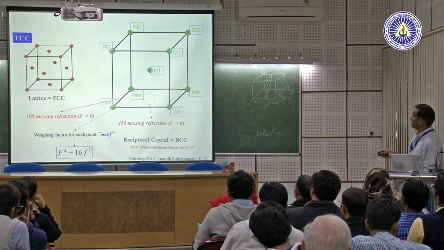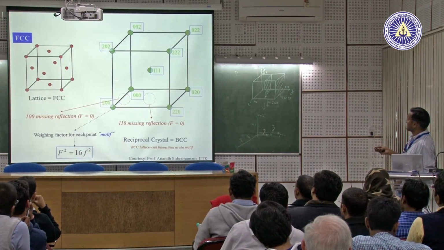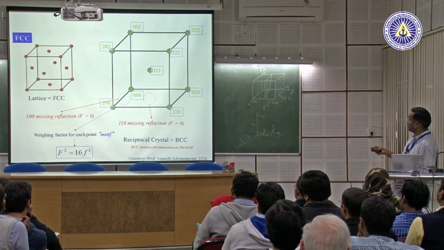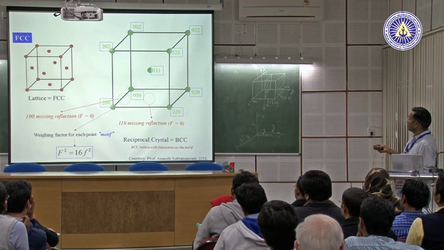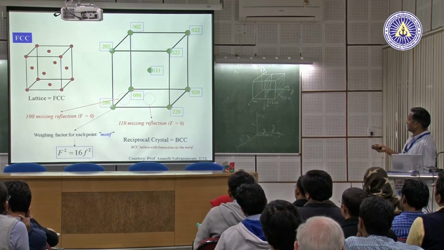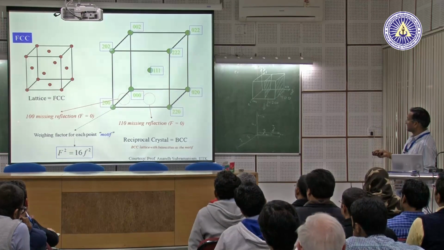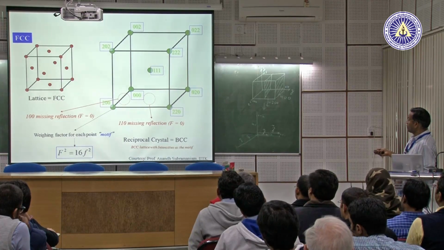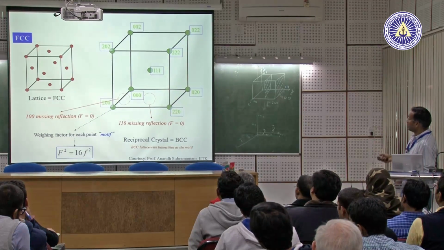And similarly, if you do it for FCC, this is an FCC lattice, and if you take the transform for FCC using the same formulas, what you will see again is that the missing reflections are those for which things like 100, 110 are missing.